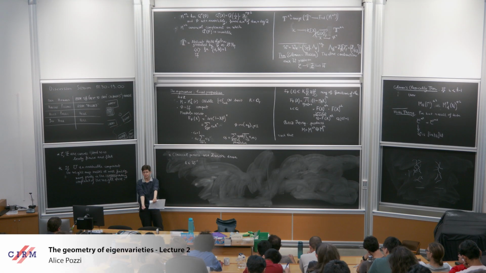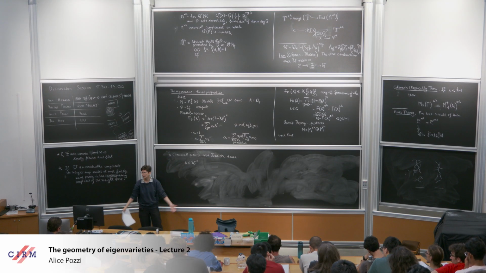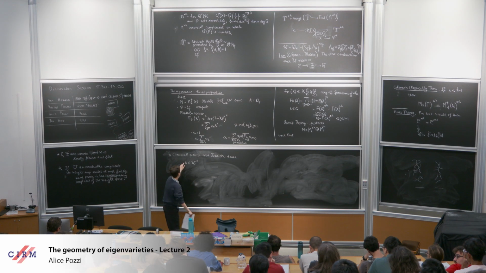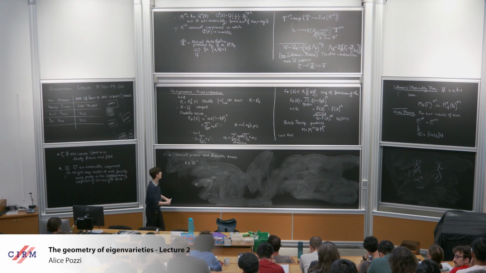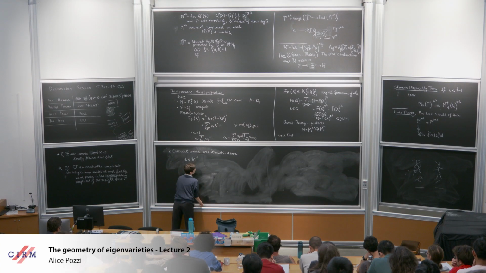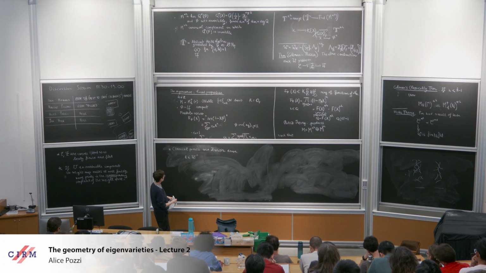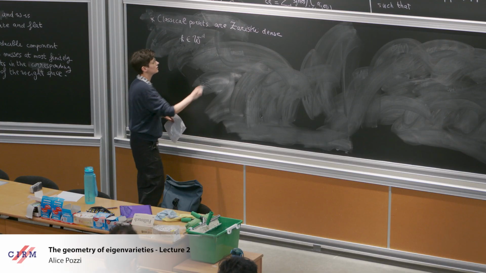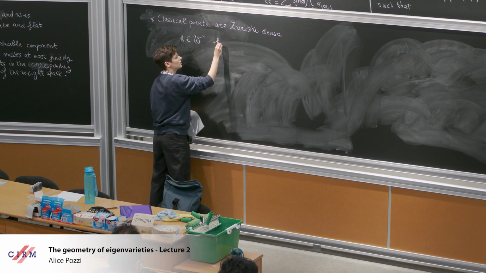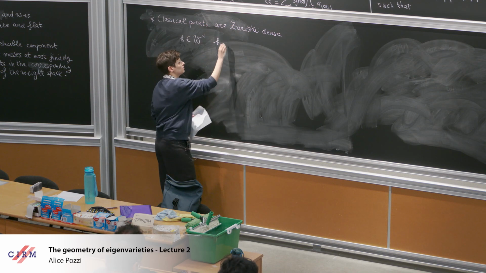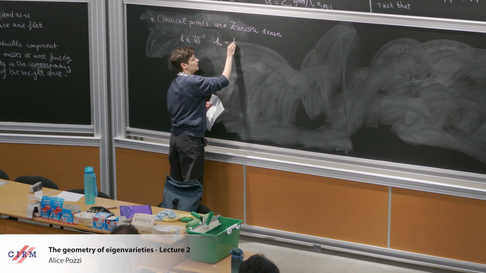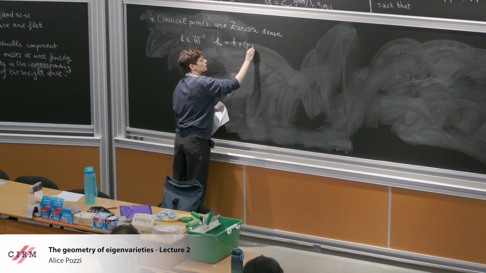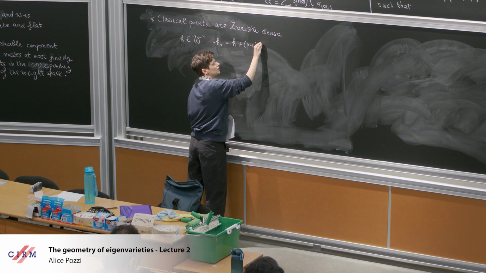I'm going to look at the map to the weight space. That map is going to miss at most finitely many points, so it will contain some classical weight, inevitably. But when I have a classical weight, I can find more classical weights. I can find the sequence k_n given by k plus (p minus 1) p to the n.